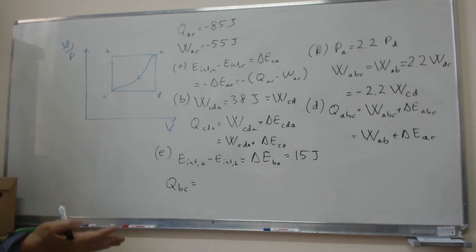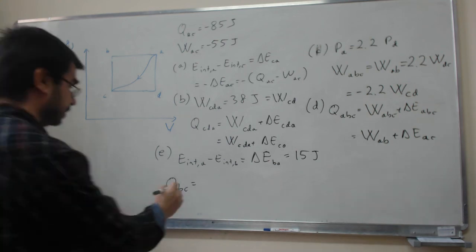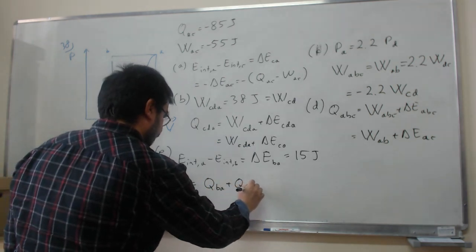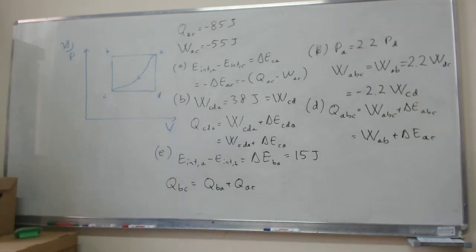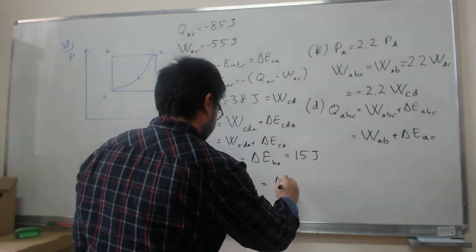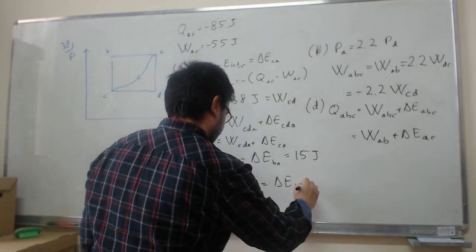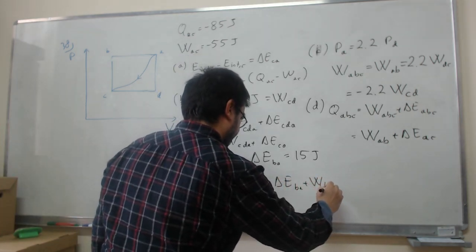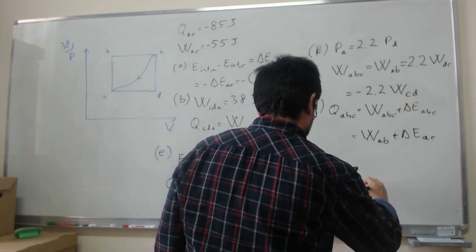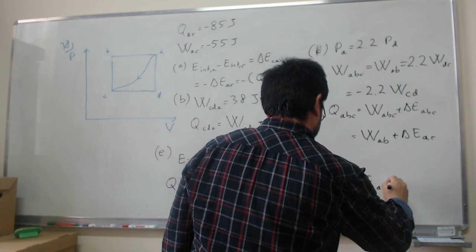So yeah, one way to do this is just to write this as QBA plus QAC. Right, and then now we can relate this to delta EBA. So this is going to be delta E BA plus WBA plus delta E AC plus WAC.